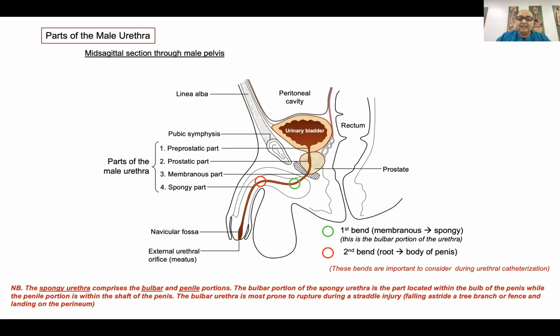There are certain places which are more prone, but it's not that the urethra can only rupture in one place. If I want to rupture here, I can. If I want to rupture here, I can. It depends on how well trained I am. We should negotiate this curve, then this is straight, then we should negotiate this curve. These are more technical points, but I mention them so that you know about them.